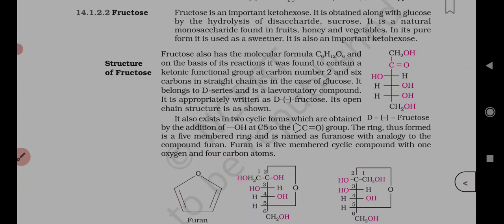CH2OH, OH, H, H, CH2OH, OH, H, OH, H, CH2OH. One is alpha D furanose, another is beta D furanose. Beta D is more stable, alpha D is comparatively less stable. So these structures are very important, go through them.